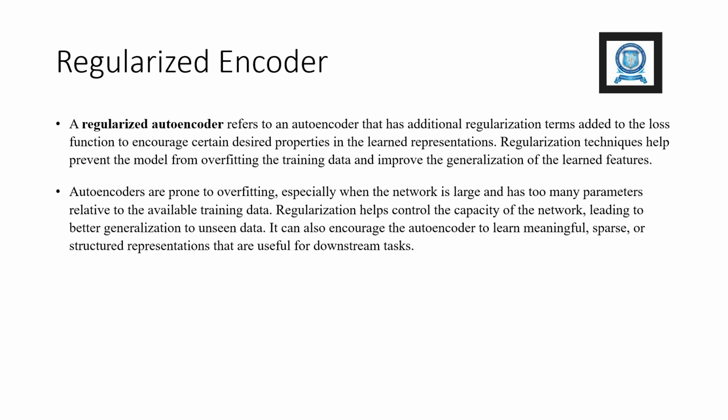Autoencoders are prone to overfitting, especially when the network is large and has too many parameters relative to the available training data. Regularization helps control the capacity of the network, leading to better generalization to unseen data. It can also encourage the autoencoder to learn meaningful, sparse, or structured representations that are useful for downstream tasks.